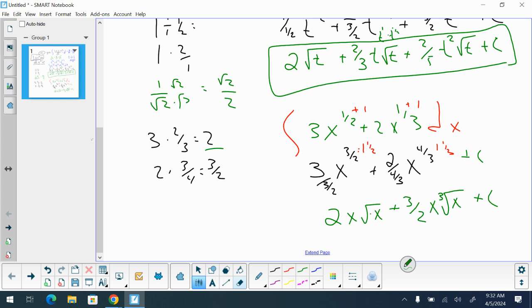On the back side, I'm not going to give you any second derivatives right now. I'll give you a problem like number 31. Number 31: f prime of x equals 1 plus 3 square root of x, and f at 4 is 25. So let's look at 31.